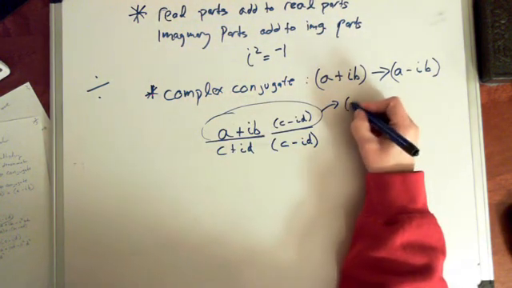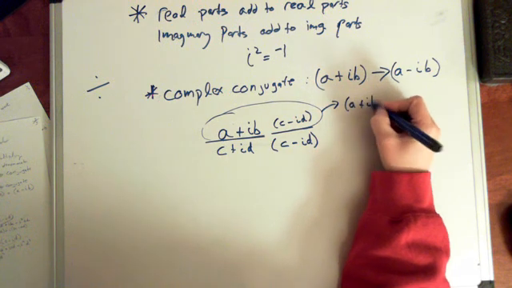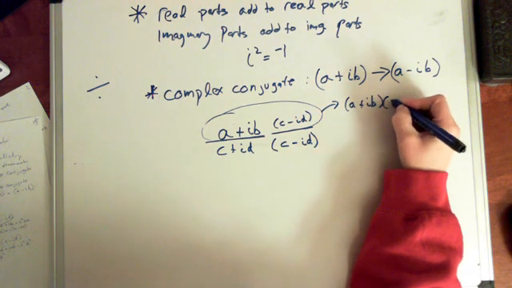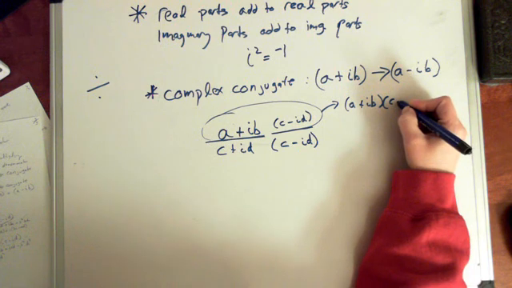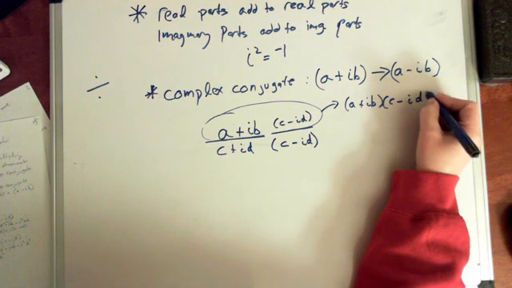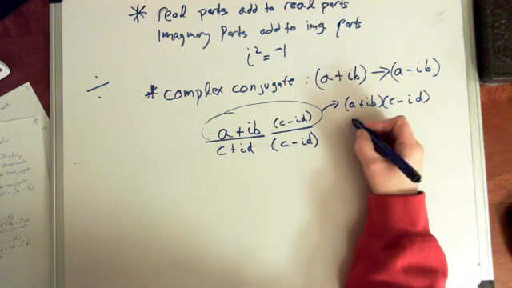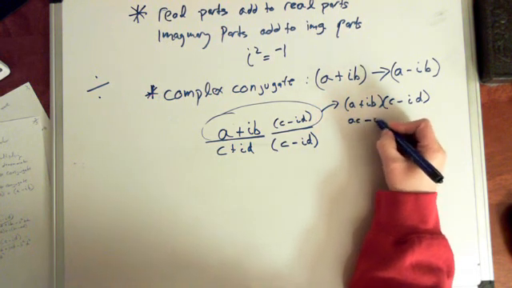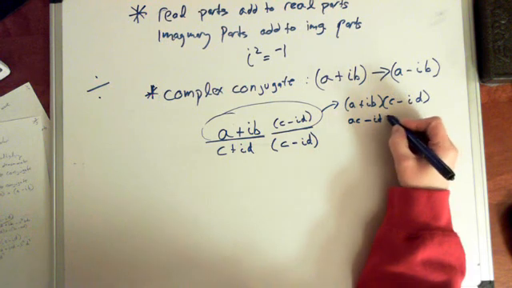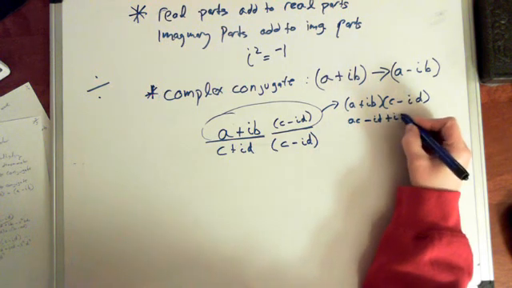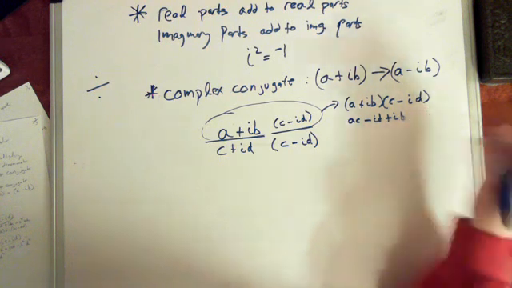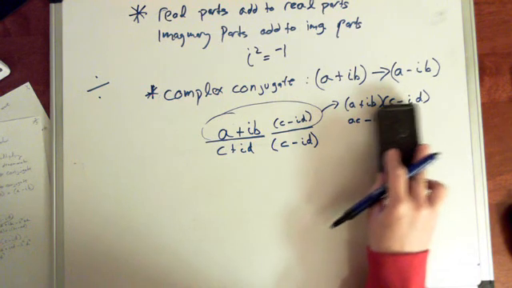This would be a plus ib times c minus id. Multiply all this out. Oh wait a minute, I missed one.